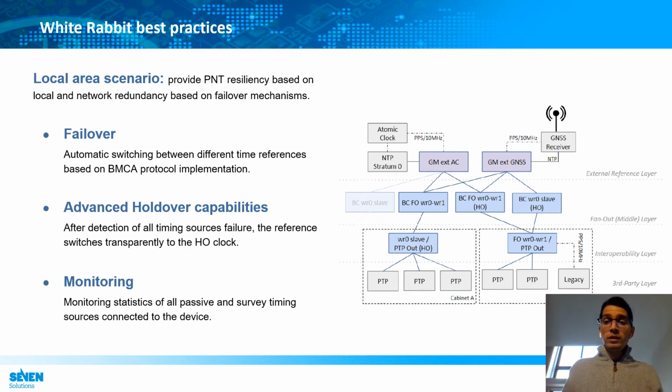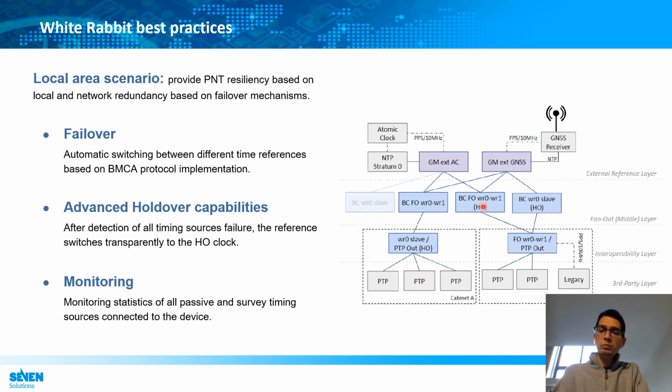If we are dealing with a local area scenario, imagine that you have two different sources, a GNSS receiver and an atomic clock. Then we have a layer of devices, the fan-out layer, that later provides this timing to all the different devices in the network. In the fan-out layer we have failover capabilities, rollover in case something fails. But we can also have a centralized node that collects all the information, not only from the upper layers, but also from the lower layers.